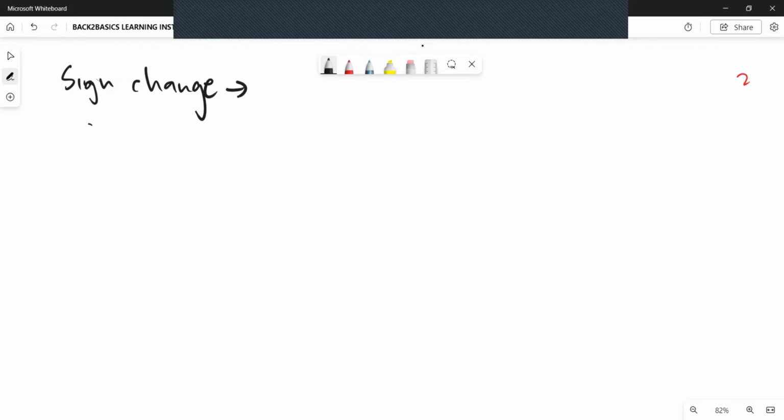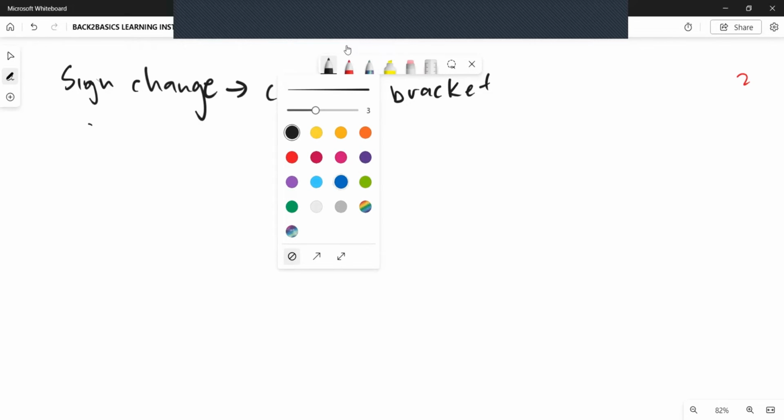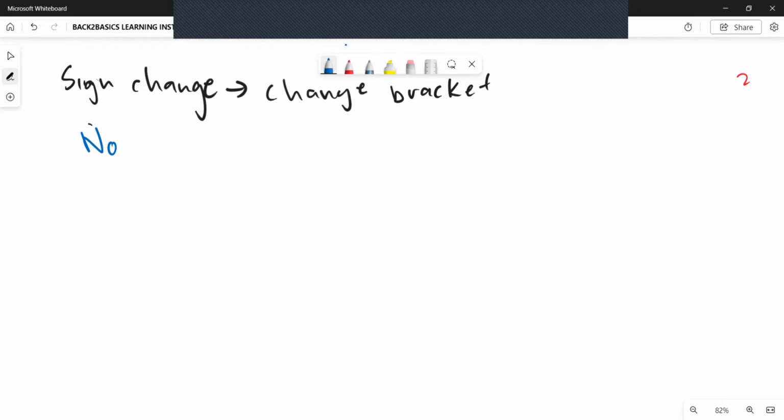Usually when we do sign change, it's when we want to change the brackets so that it matches the other bracket altogether. Now let me just give you some brief notes there. One thing that you need to take note of is that, let's say you have your B plus your A. Your B plus your A can still be represented as A plus your B. Why is it so?